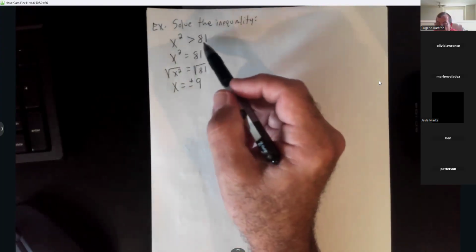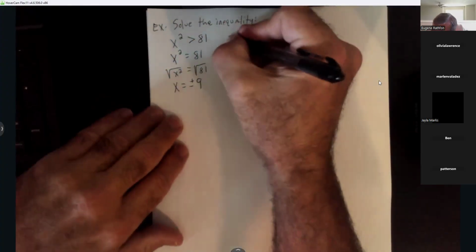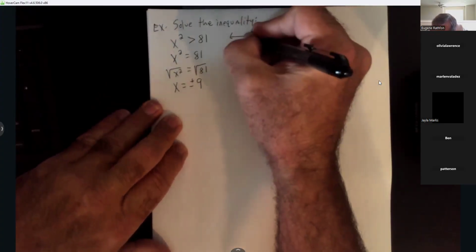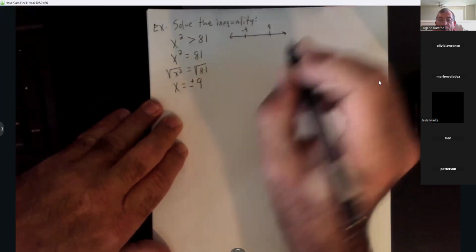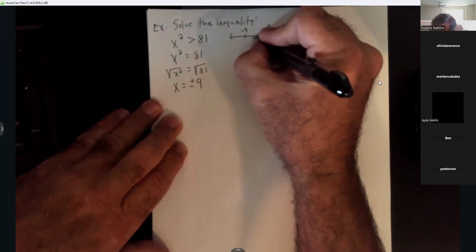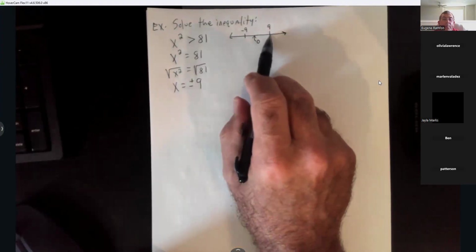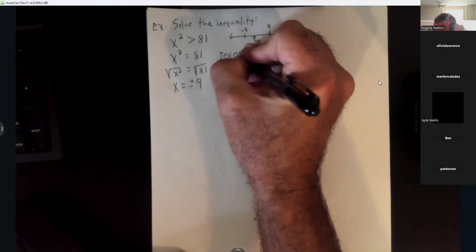When you got an x squared and a number, the easiest thing to do is get the number on the right side and take the square roots. So we got a negative 9 on one side and a positive 9 on the other. If I'm going to test 0, zero's in between negative 9 and positive 9.